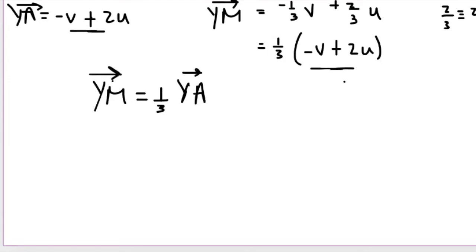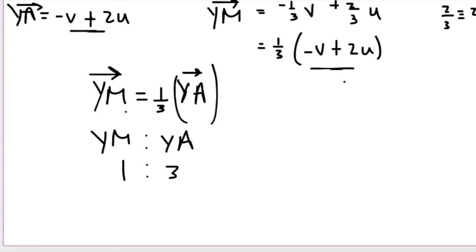That's what it's saying. So in other words, this is saying that YM to YA as a ratio is basically 1:3, because here it is saying that YM is equal to 1/3 of this line.